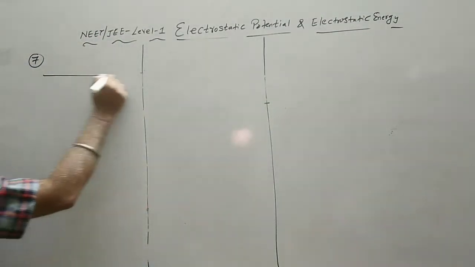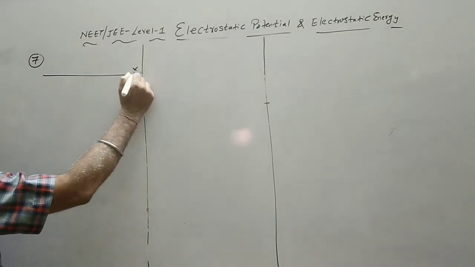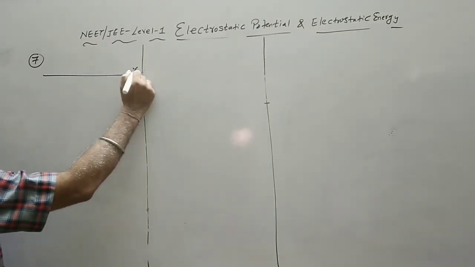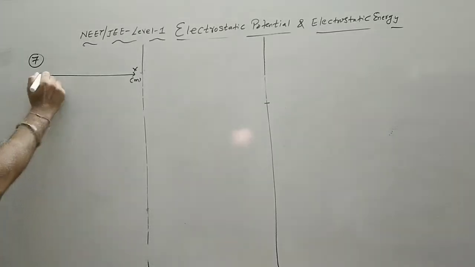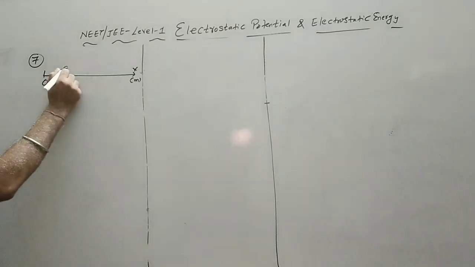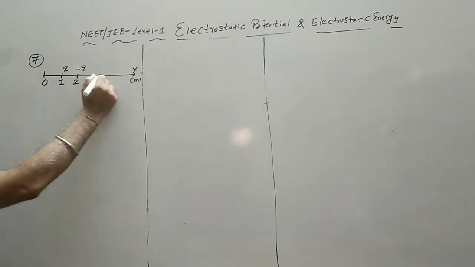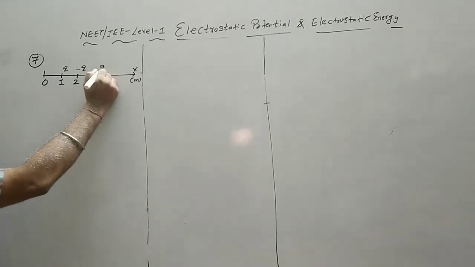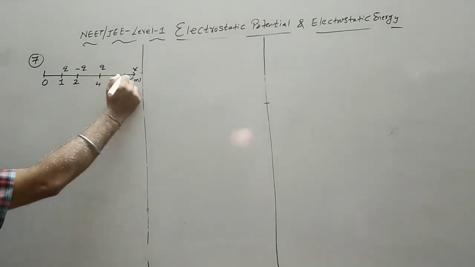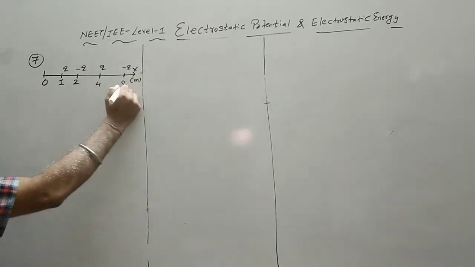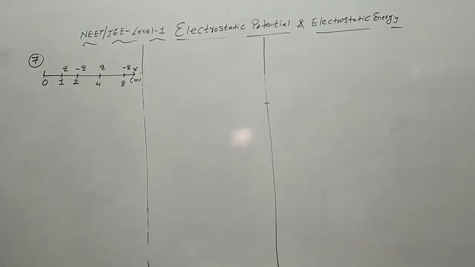So let us consider an x-axis. The distance is taken in meter. This is the origin. Now the first charge is positive, that is 1 meter from the origin. The second charge is negative, that is 2 meter. The third charge is again positive, that is 4 meter. The fourth charge is again negative, that is 8 meter. Like this, the series keeps on going.